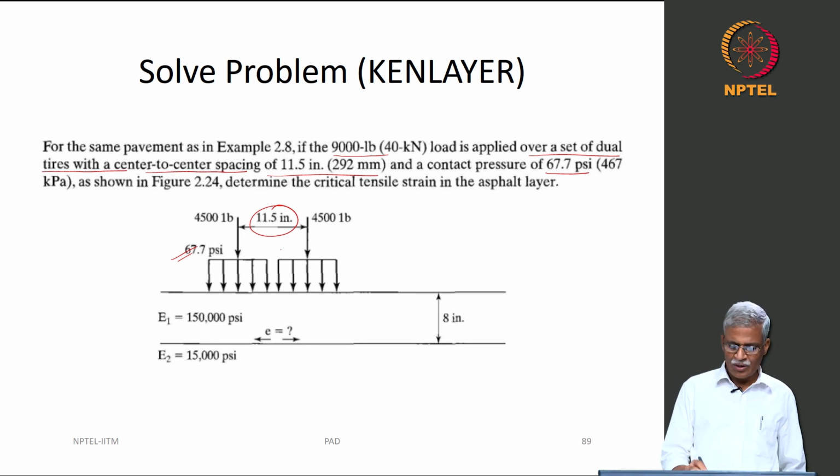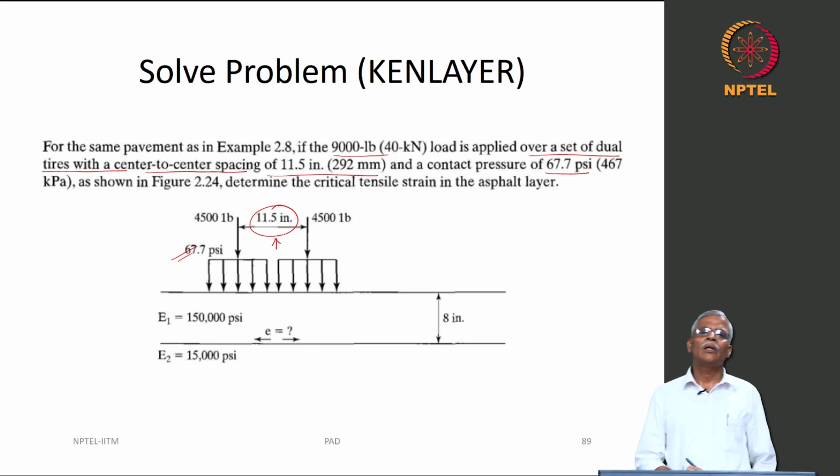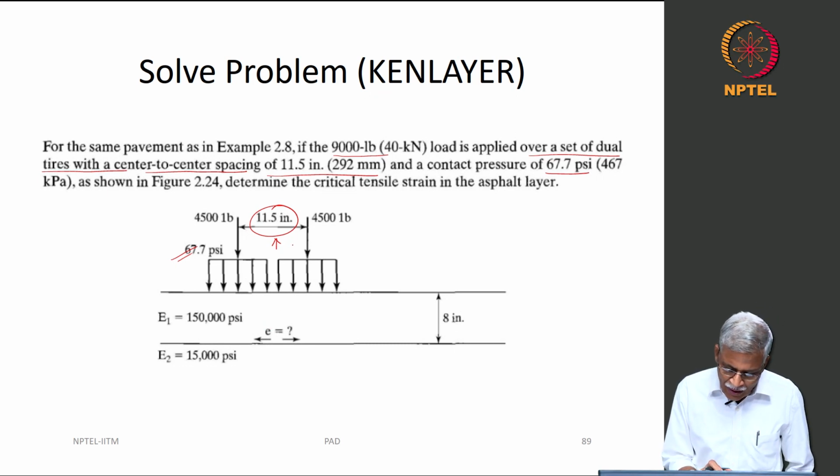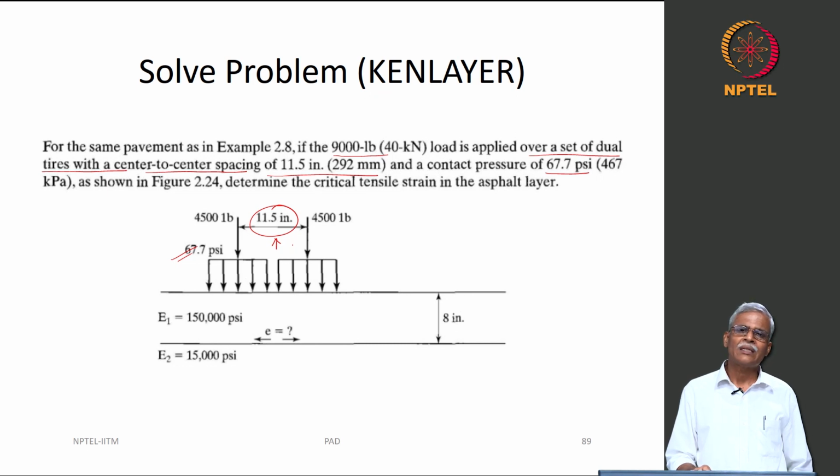Now here comes the crux. How do we really determine it? We need to have different charts for different values of spacing, such as 11.5 inches, because we do not know what exactly is the influence of this dual wheel spacing on the development of the critical tensile strain.